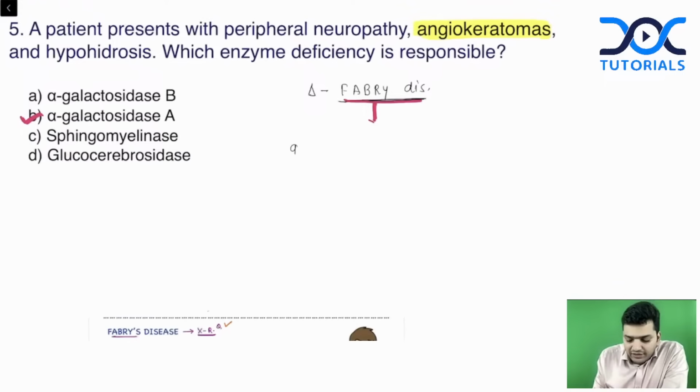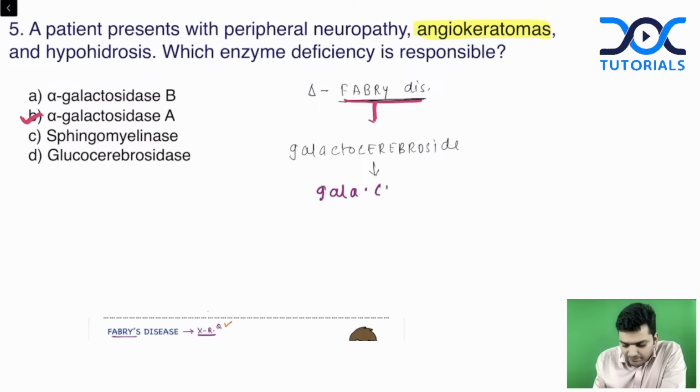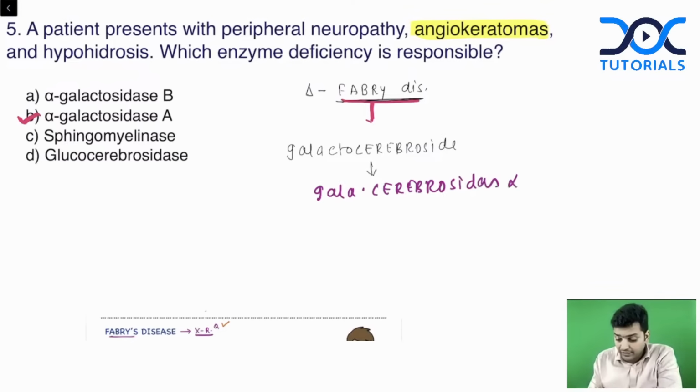When the galactocerebroside is metabolized, we use the enzyme galactosidase, alpha and beta.